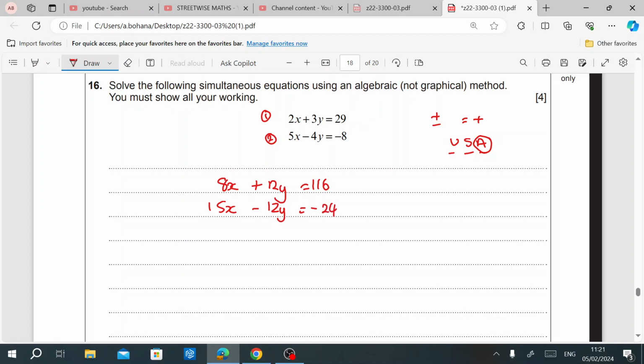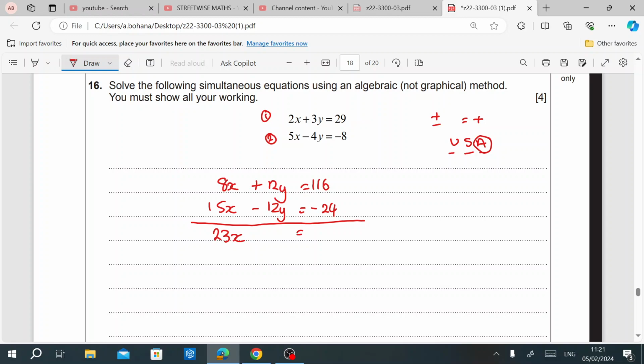Don't forget, unlike signs, we're going to add these together. 8 plus 15x is 23x. Now, the reason we get these the same is they now disappear. So 12 plus minus 12, of course, plus and a minus take away.